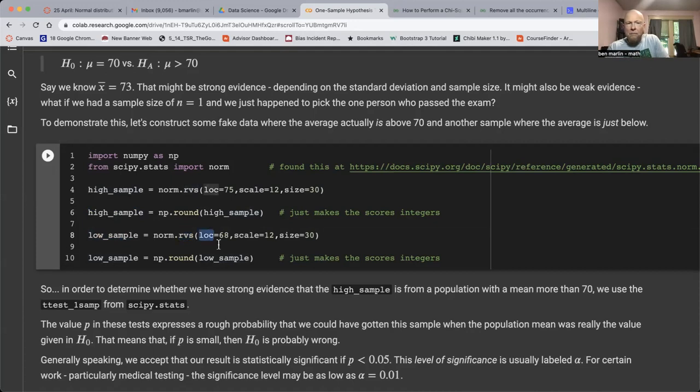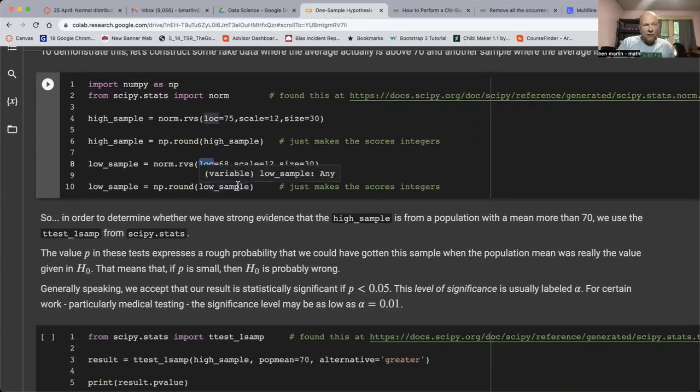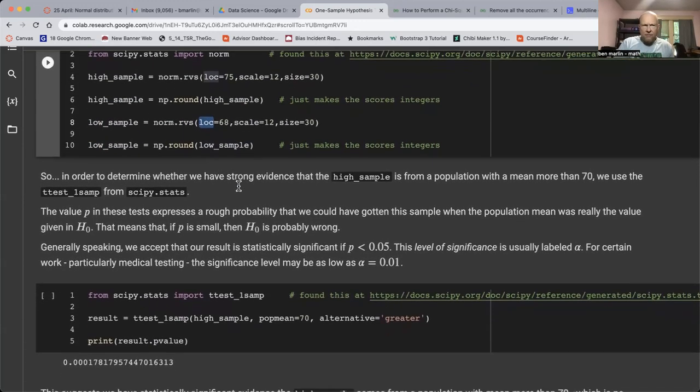And this time I made the mean, which they just use LOC for that for some reason, but I made the mean be 68 and the scale be 12, okay? So that means it should be less than the 70, okay? So, and then I rounded it again, right?